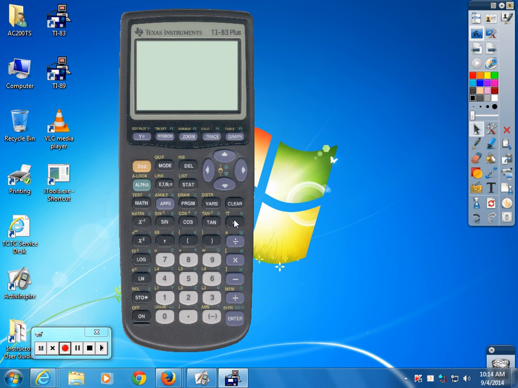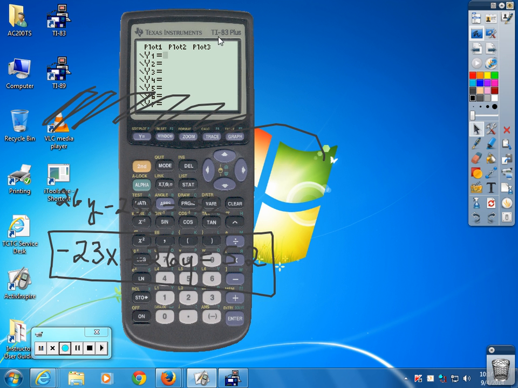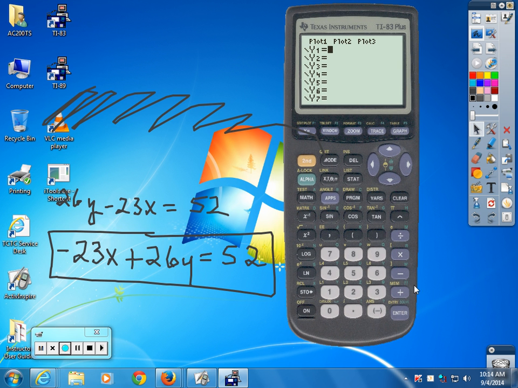Somebody give me the equation. Y is equal to what? The whole equation. Negative X, or is it X plus Y? What is it? That's all right. I'll look it up. I'd hate for y'all to answer a question. Negative 23X. Oh, I got to solve it for Y first.